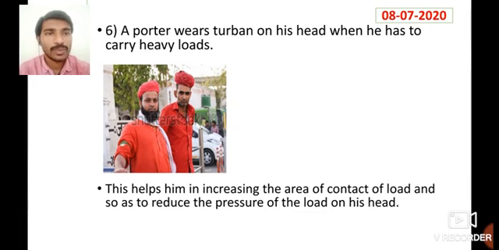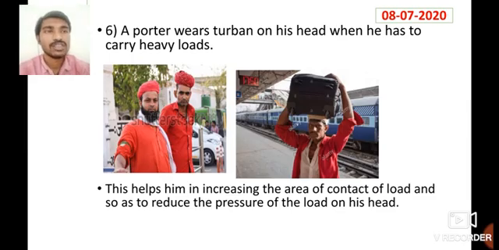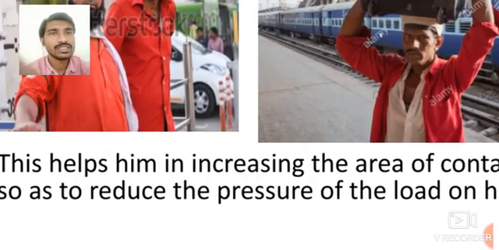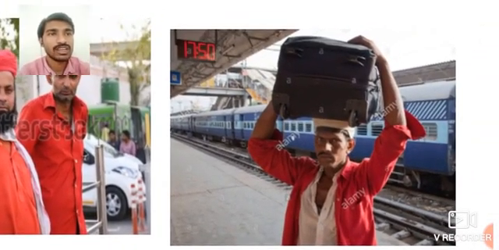So what will happen then? The area of contact of the load will come in contact with the area of this turban. So the pressure will be reduced. Here you can see the turban has a very large area. So the pressure of the load on his head is reduced. In this image, this fellow is wearing a turban.